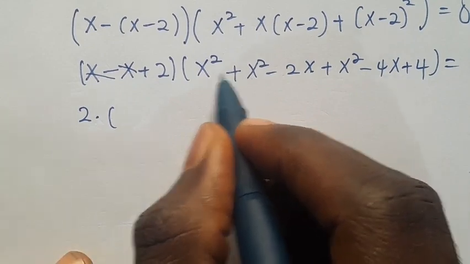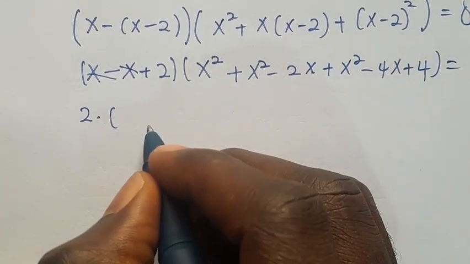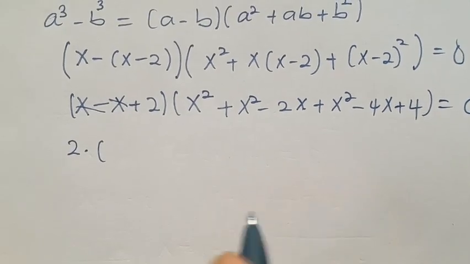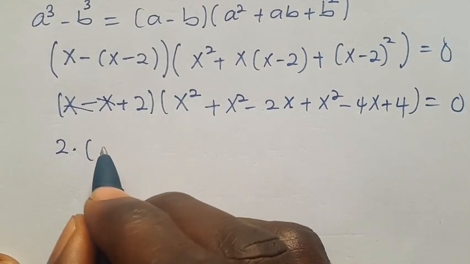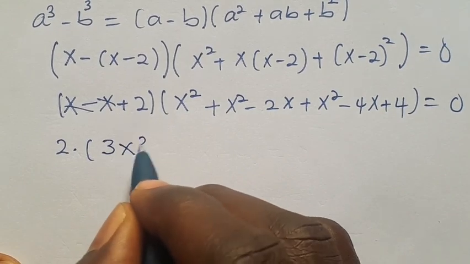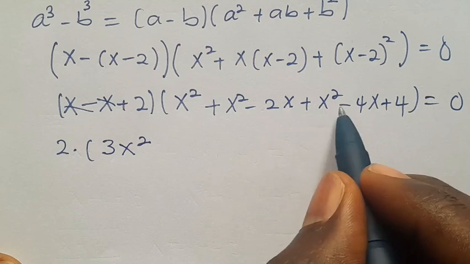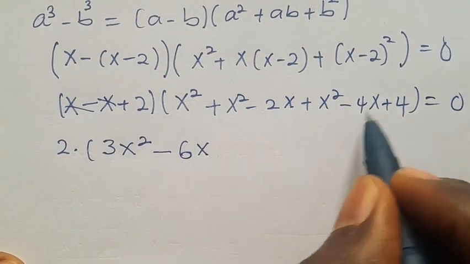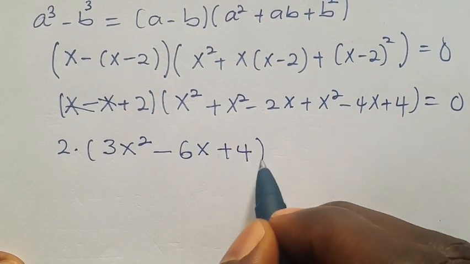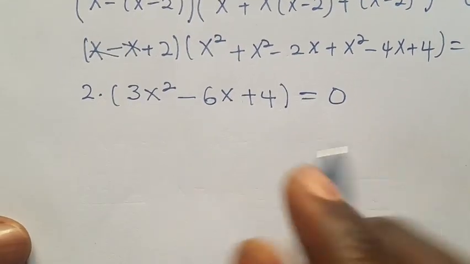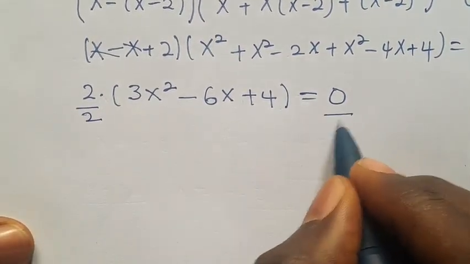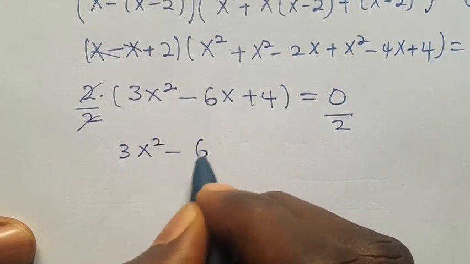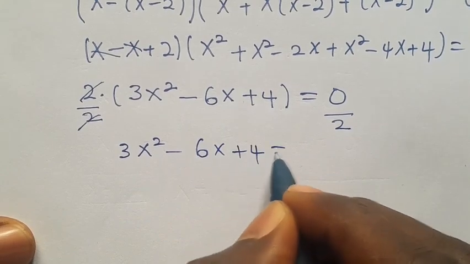Please, this plus this, x squared plus x squared plus x squared, we have here 3x squared. So we are going to have from here 3x squared. This and this will be minus 6x. This will be 4 equals 0. Divided by 2. This and this we cancel, so we have 3x squared minus 6x plus 4 equals 0.